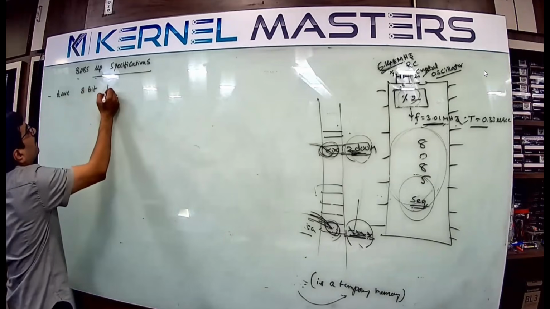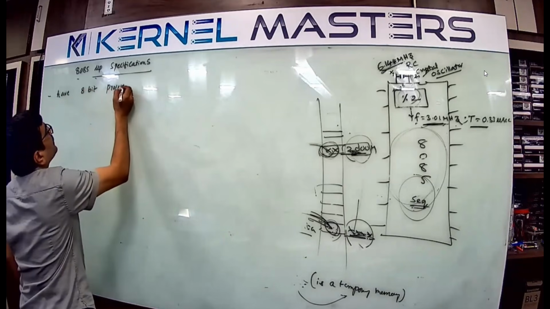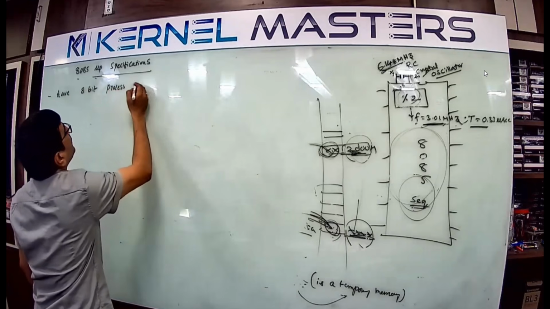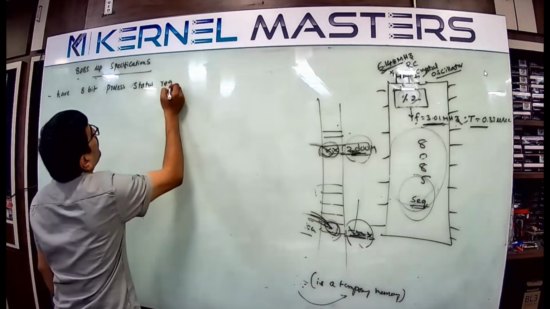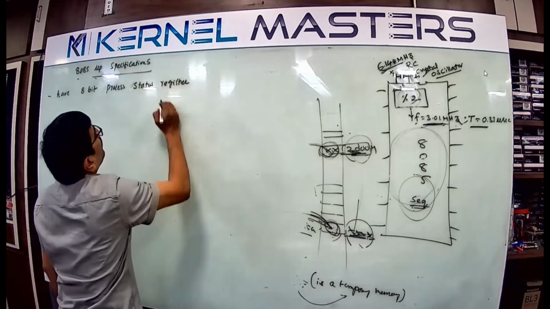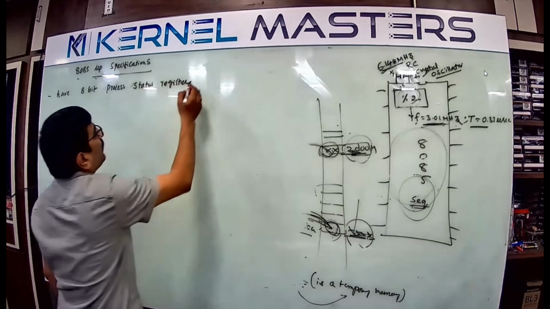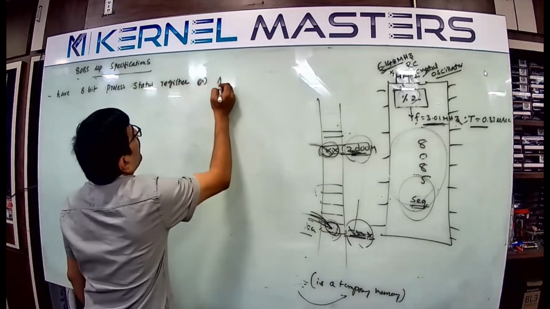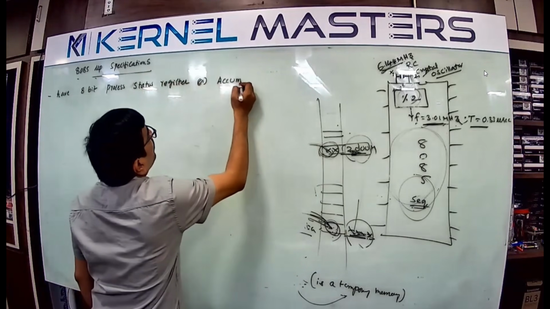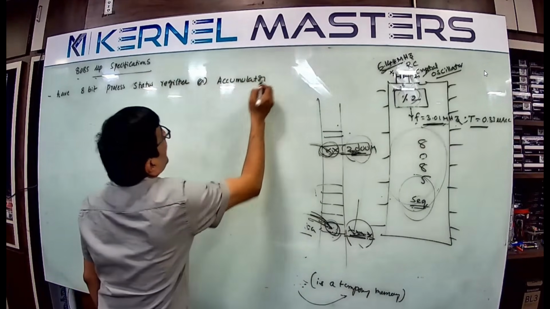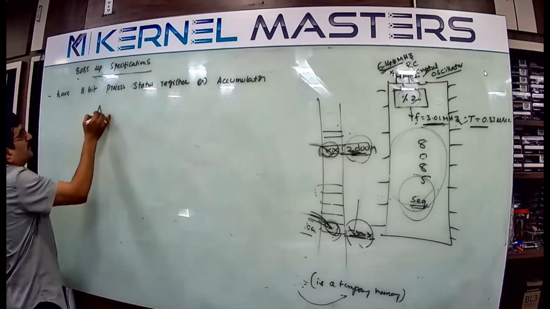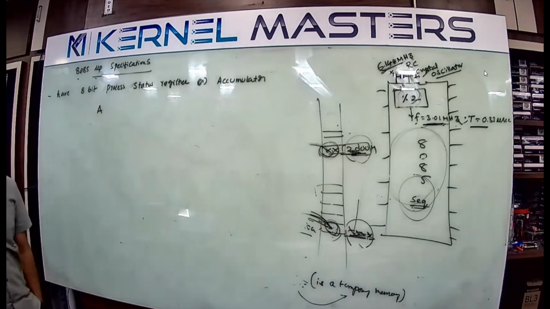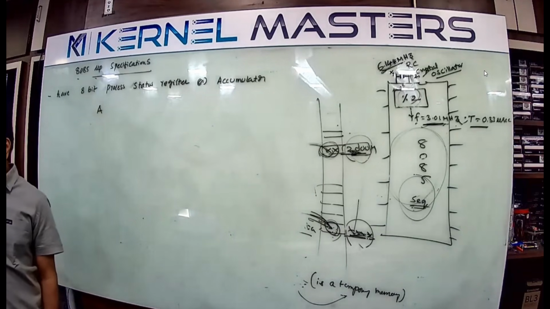So the 8085 microprocessor has one more register, the 8-bit process status register, which is also called by one more name: accumulator. The register name is A only.